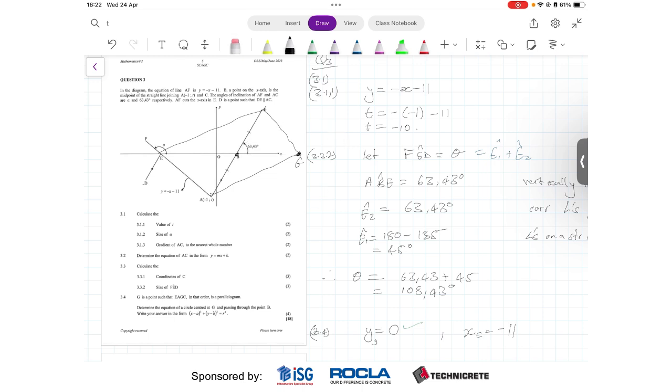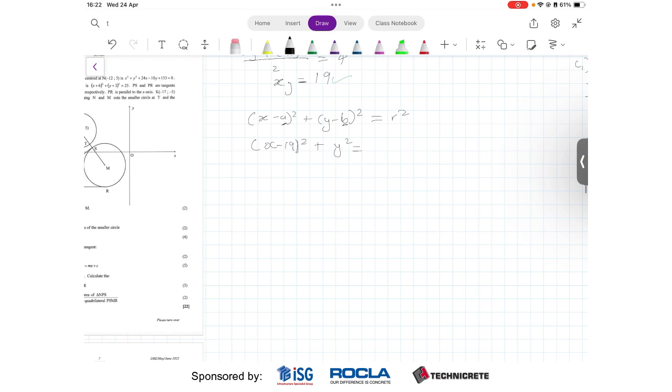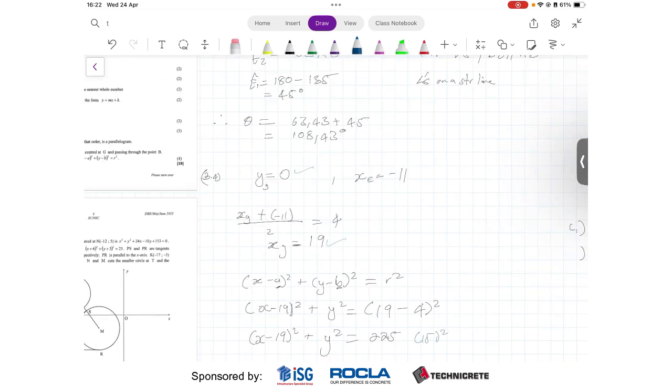Thus, r squared would be, what is the x-coordinate of G? It's 19 minus the x-coordinate of B, squared, which gives us (x minus 19) squared plus y squared is equal to 225, which is just 15 squared, okay?